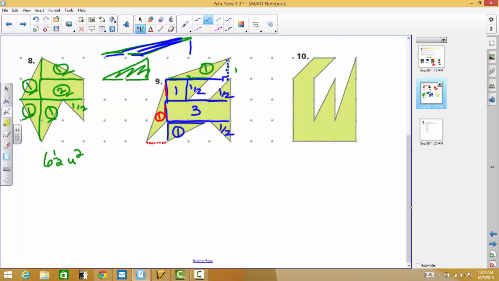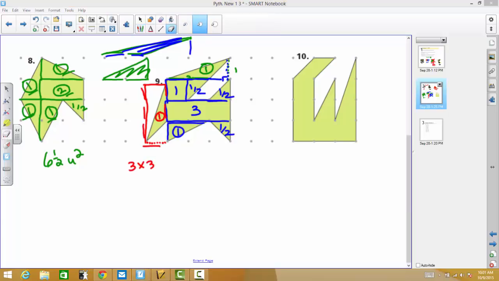If that is not jiving with you, let's draw a box around this. So in the box around this, we have a 3 by 1. So a 3 by 1, the whole box is an area of 3. And then you would need to subtract the excess. So this is a 1/2. And then this triangle is a 3 by 1.